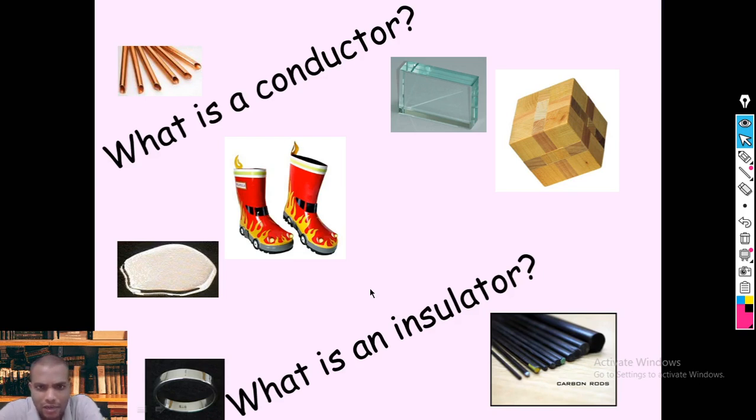Now here is one question. We divided substances into conductors and insulators. So here you can identify certain conductors and certain insulators. Conductors have a good number of electrons, so they can conduct electricity.